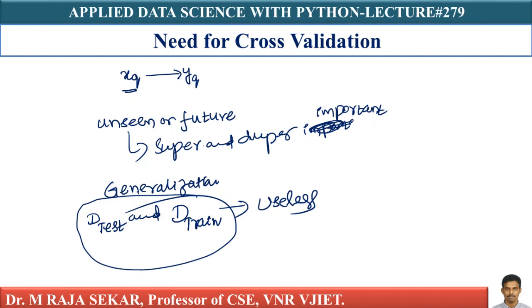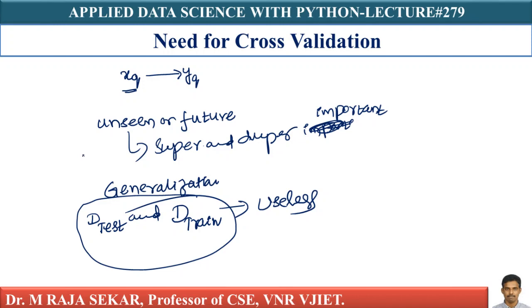Your function should work better on future and unseen points. If it works well on future unseen points, it is said to generalize well, because our fundamental objective in the whole of machine learning is to perform well on unseen points which we have not seen yet.